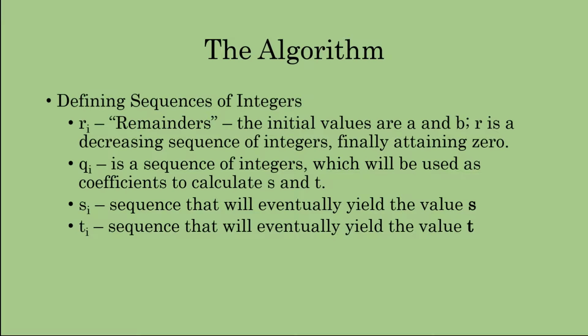R sub I refers to the remainders, which tend towards 0. So the initial values for R sub I are, you could say, our main sequence. It's arguably the most important sequence. Well, that's not quite true. It's just our main sequence because its initial values are A and B. And we know that R is going to be a decreasing sequence of integers that finally attains 0.